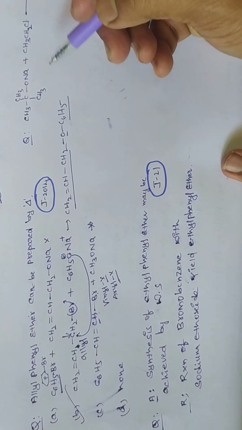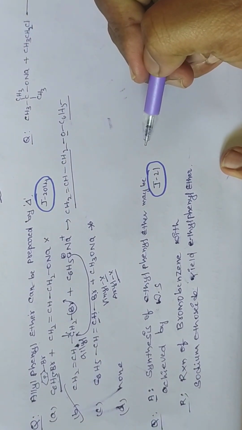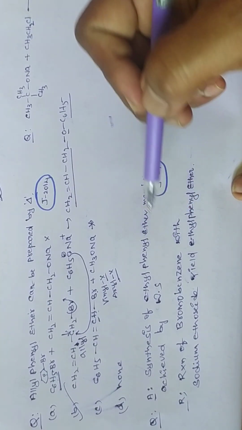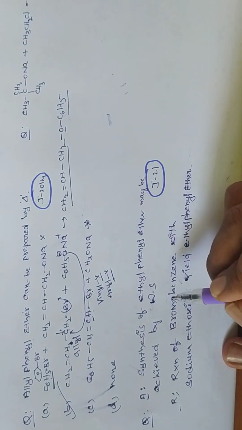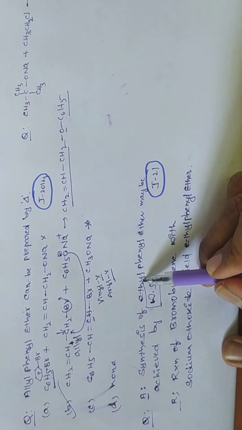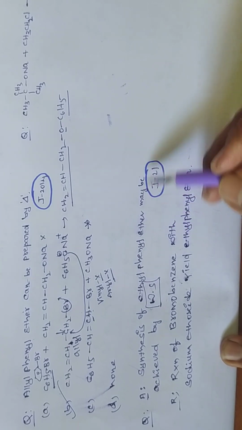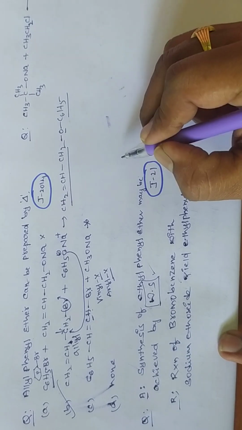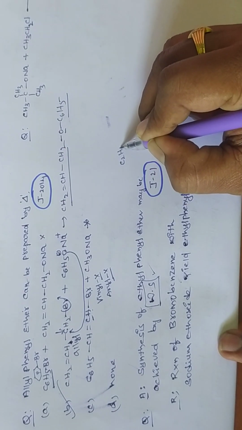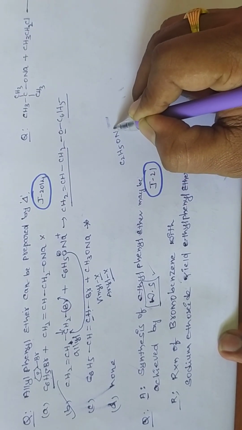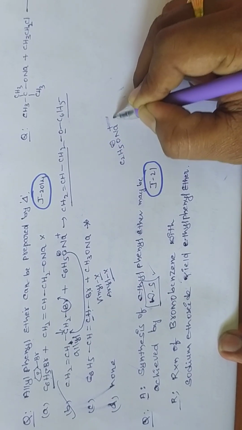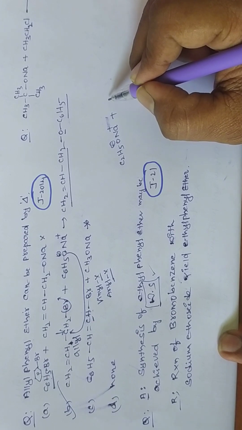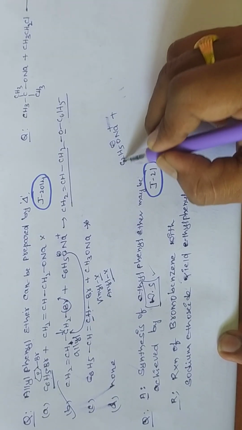Next, this was asked in 2021. Synthesis of ethyl phenyl ether can be achieved by Williamson synthesis. WS means Williamson synthesis. Ethyl phenyl ether is formed by the Williamson synthesis reaction. Yes, it is possible. See, ethyl means C2H5, sodium ethoxide plus phenyl halide. Sorry, if we take this, we are not going to get it.